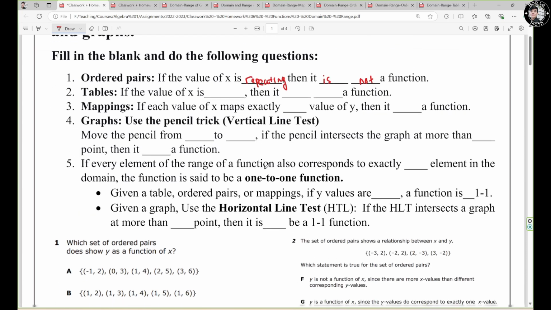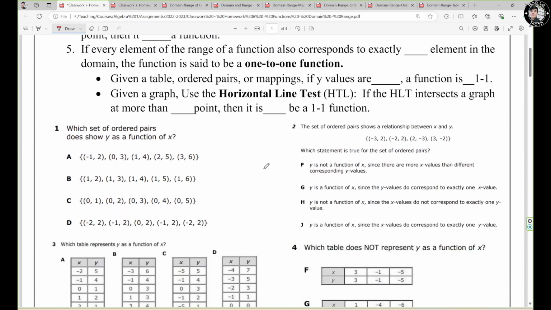So we take a look at example number 1. We check the values of x and y. X equals -1, 0, 1, 2, and 3. The x values are not repeating, so this is a function.